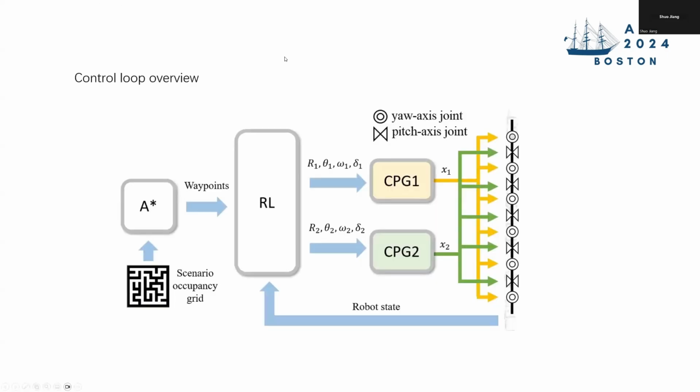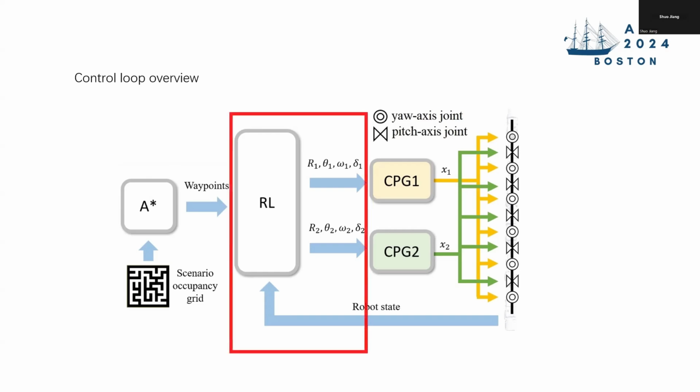So the entire control loop is shown here. The first module is the search algorithm. Given the occupancy grid and the start and end locations, we adopt the A star algorithm to plan a trajectory and segment it into waypoints.